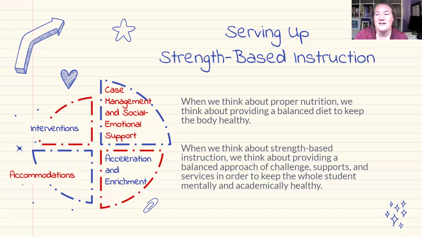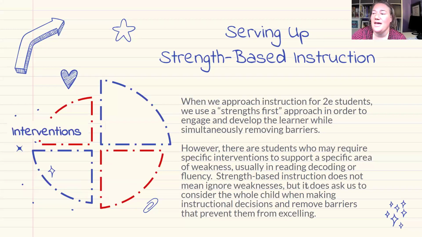But when we're talking about it, we also like visual metaphors because we're Twice Exceptional and that's what we do. So in this case, we're thinking about this as a plate. And what do we need on our plate for healthy instruction? So this is kind of the plate that we're going to look at today. That is our strength-based instruction. And the first thing we want to talk about a little bit is interventions.